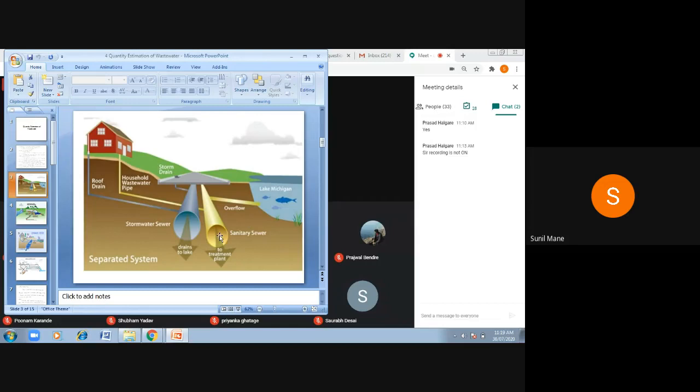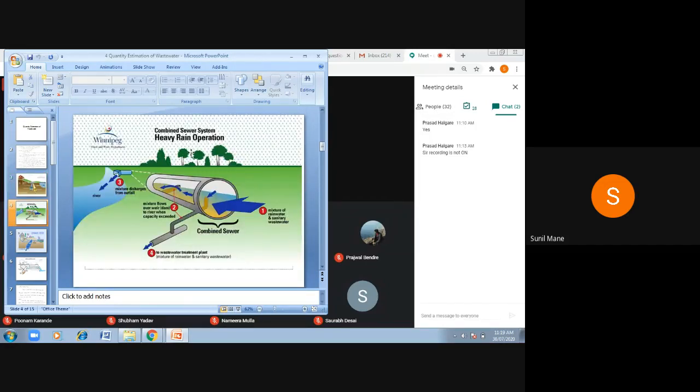This is the first system. The second system is combined. The pipe would be combined over there. We don't have two different pipes; whatever water collection is there would go directly into this single pipe. In the single pipe, the gray water would be collected, and storm water would also be coming.